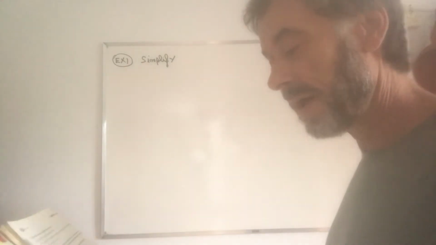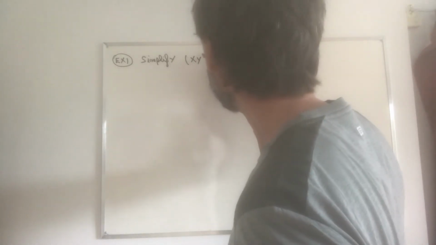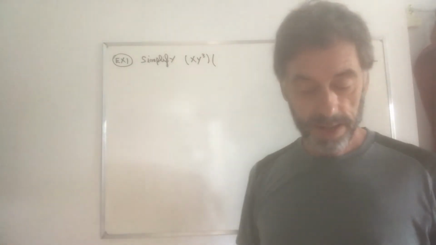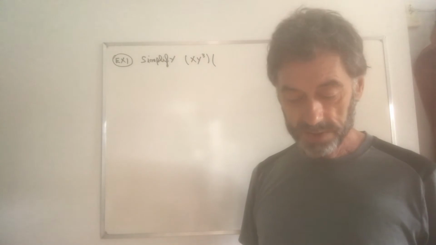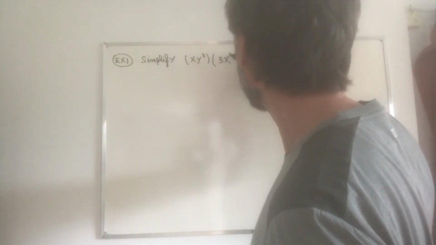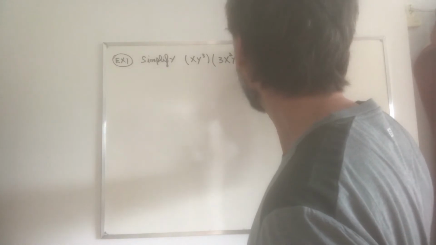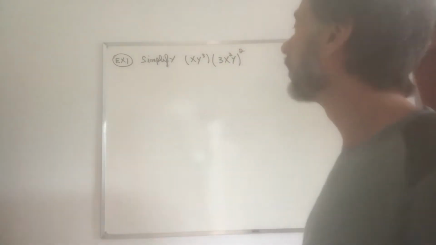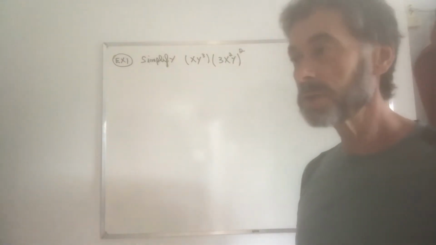You're going to get used to my weird writing pretty soon. So simplify the following expression: x y to the 3 multiplied by 3x squared y, all to the power of 2. We want to simplify this as much as possible.